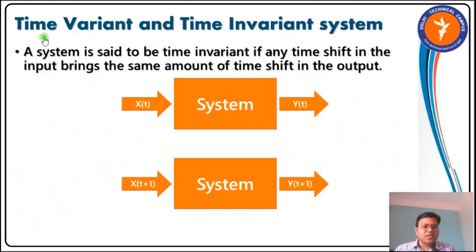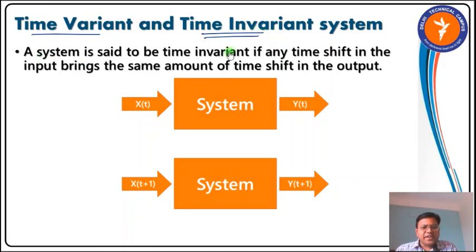We'll now discuss another very important classification of system as time variant and time invariant system. Whenever we are trying to synthesize a system, the system must be time invariant. Only time invariant systems can be synthesized. Time variant systems cannot be synthesized. Let us first see what are time variant and time invariant systems.